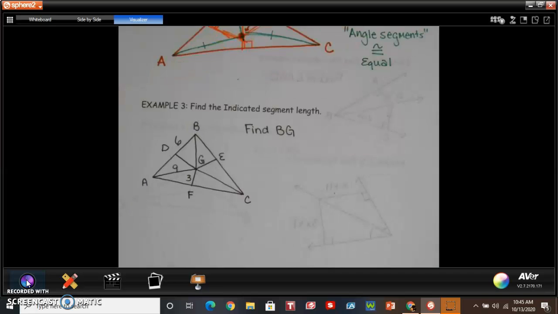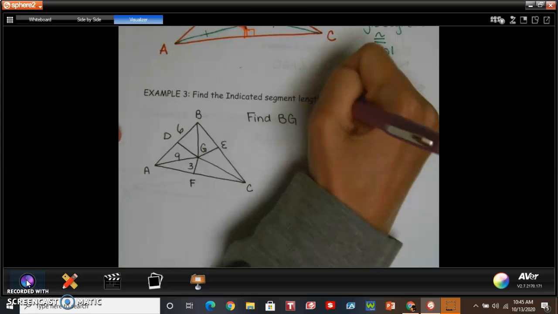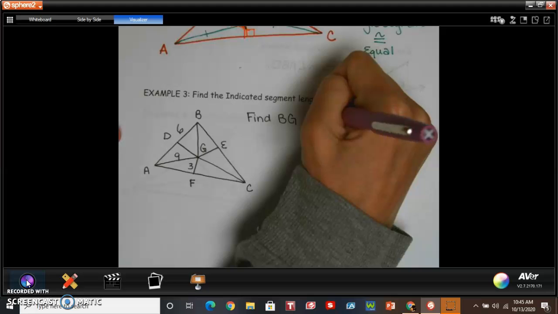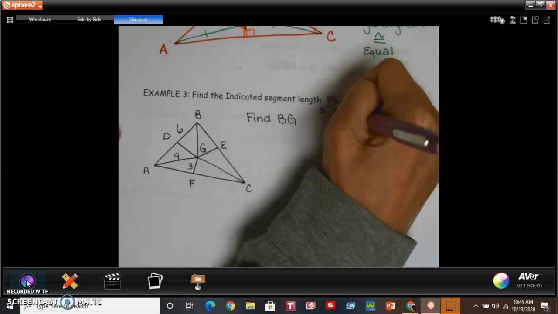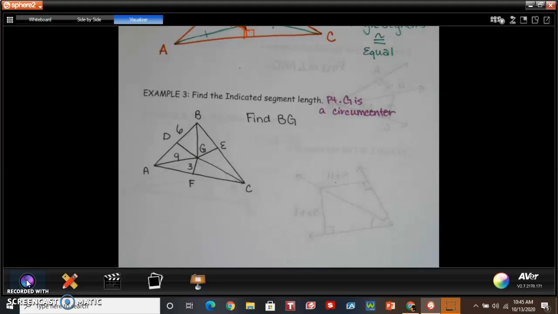So knowing that, find the indicated length here. So what your problems will say on your homework is it will say that point G is a circumcenter. So as soon as you see the word circumcenter, all right, you should know angle segments are equal.